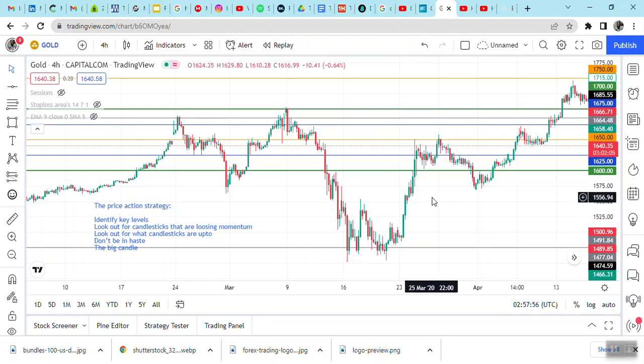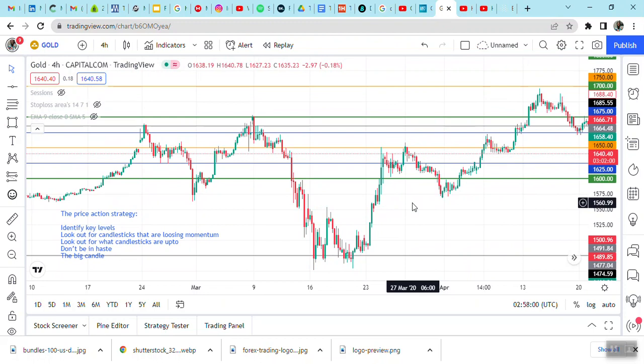Okay, so here we are on the chart. So first and foremost, in order for you to identify the price actions, you need to identify your key levels. So what are key levels? Your key levels could basically mean your psychological levels. And what does this really mean?